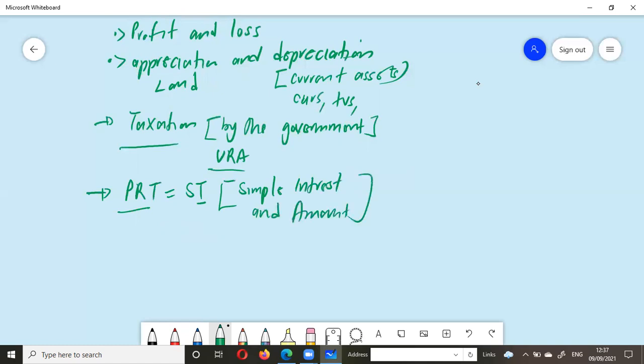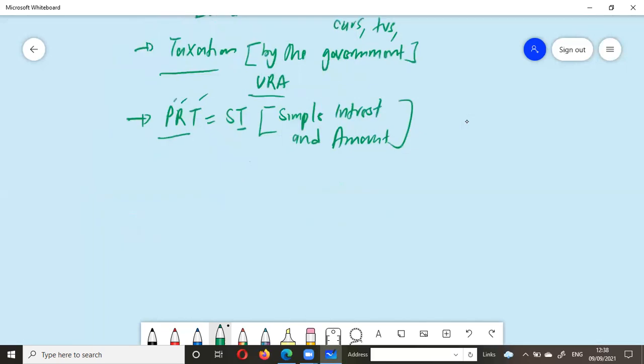So all that is business math, where P is the principal, R is the rate, and T is the time. So principal, rate, and time. But our main focus now is about taxation.